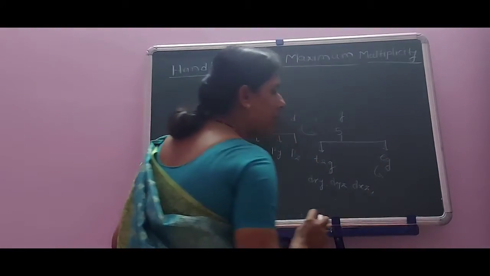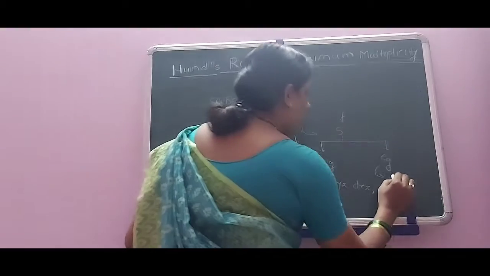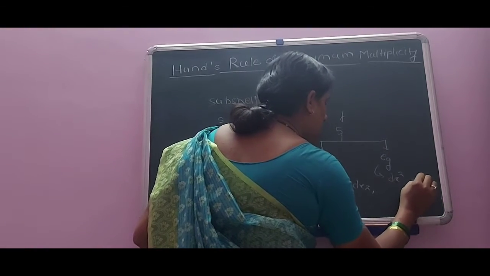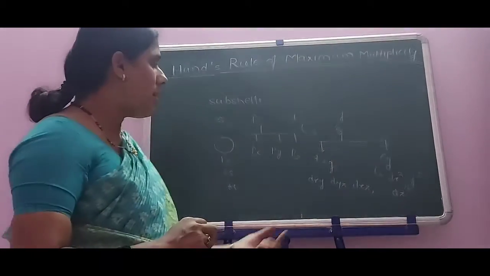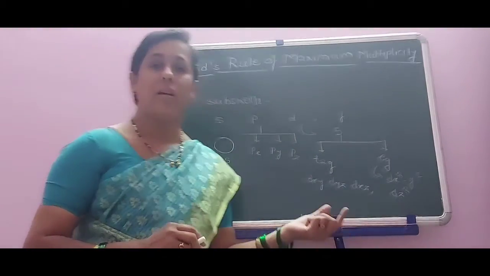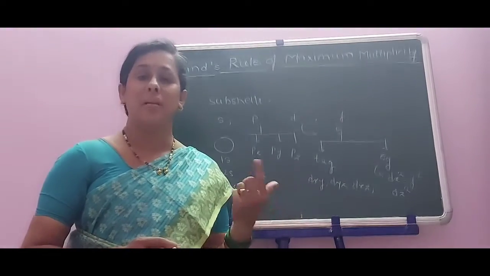And the eg orbitals are those which are located along the axis, that is dx square minus y square and dz square.